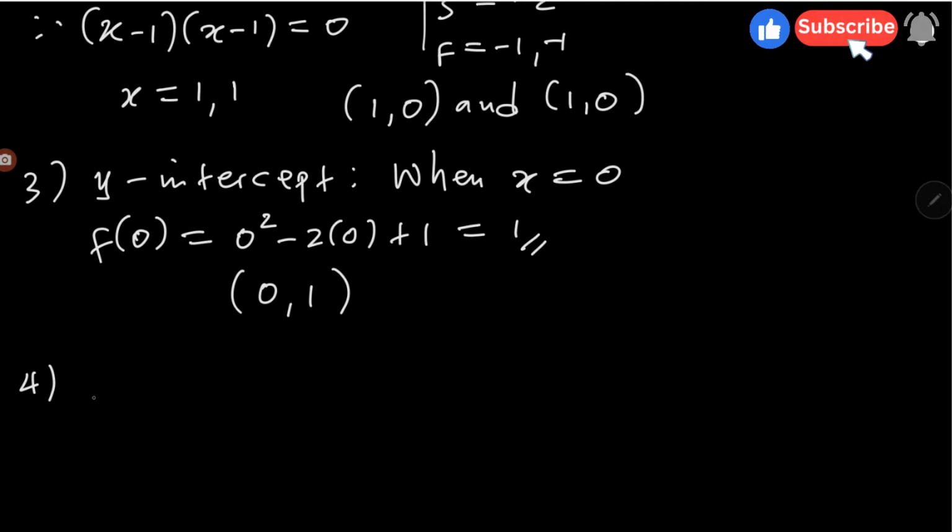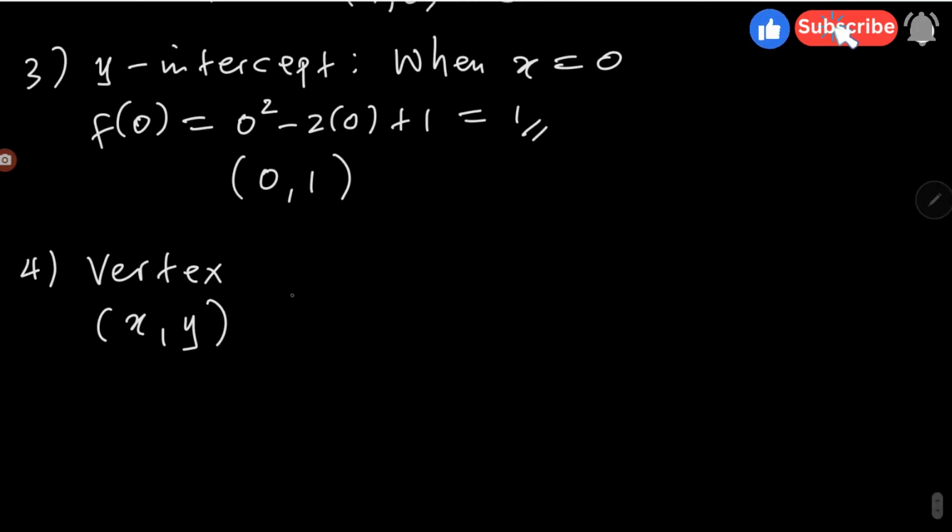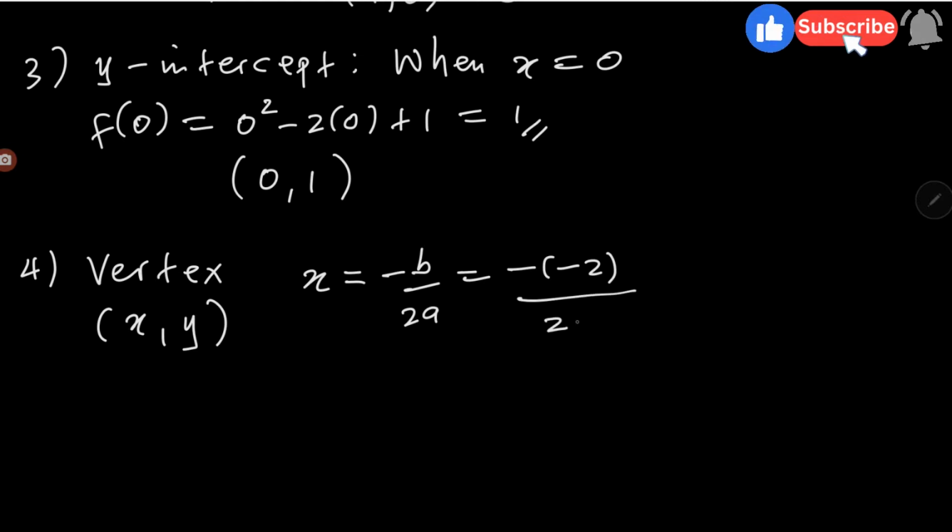Okay, now we just need to figure out the value of x and the value of y for the vertex. Okay, so for the vertex, we know it's x comma y. Now our x is minus b over 2a, so it will be minus of our b, which is minus 2 over 2 times a. Our a is 1, and this is giving us 2 over 2, which is simply 1.